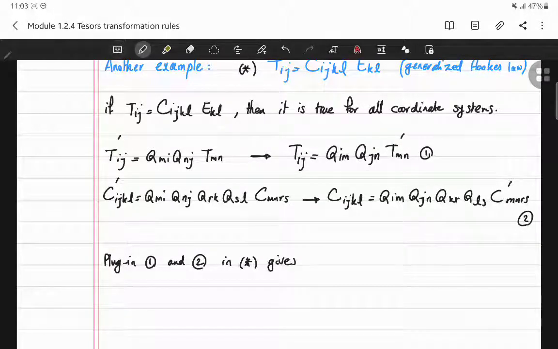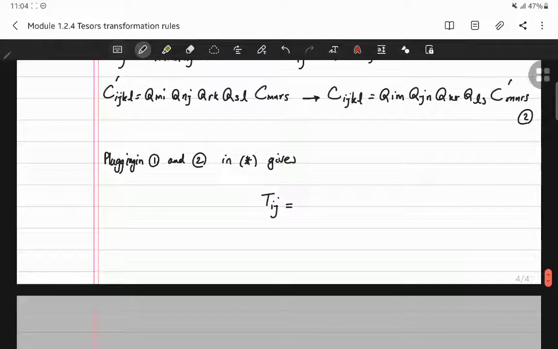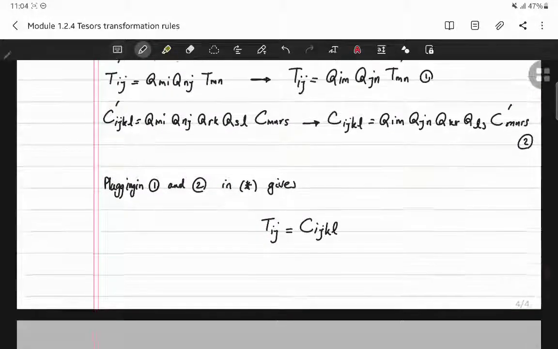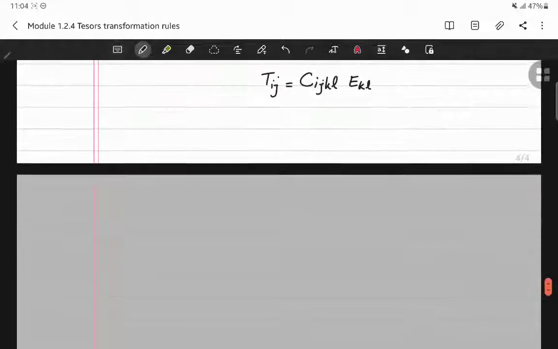So if we plug them in, this gives, let's say, Tij is equal to Cijkl Ekl, so I had it here, right?